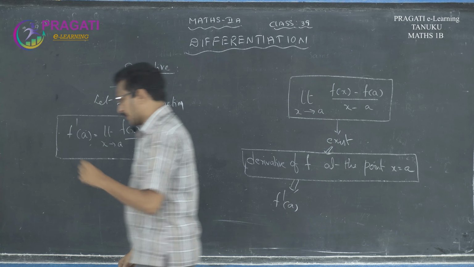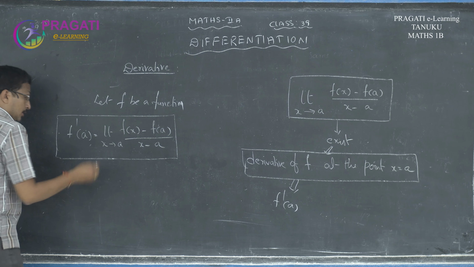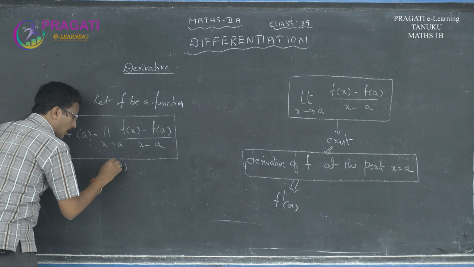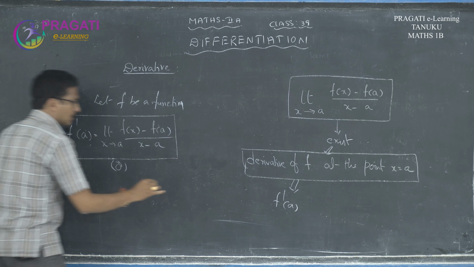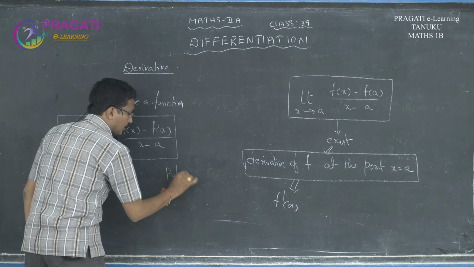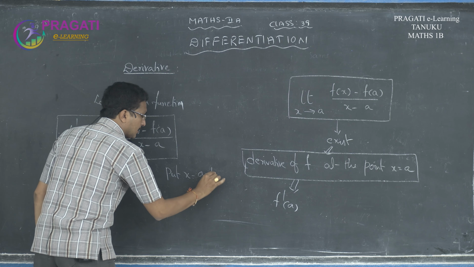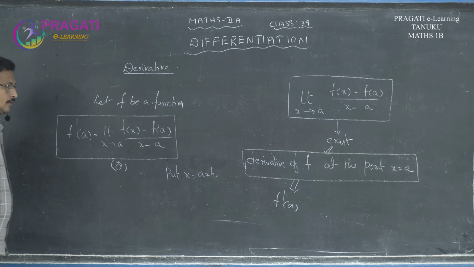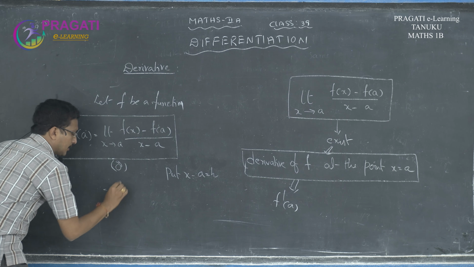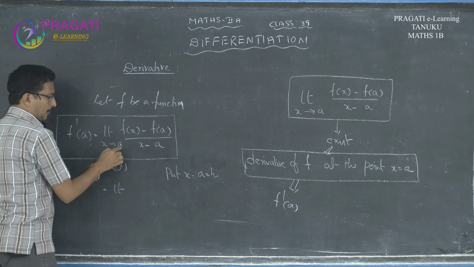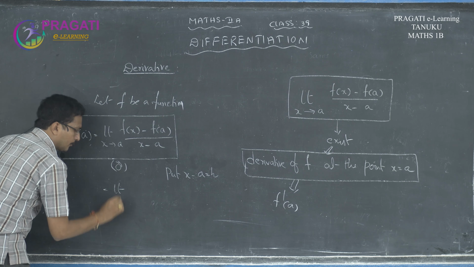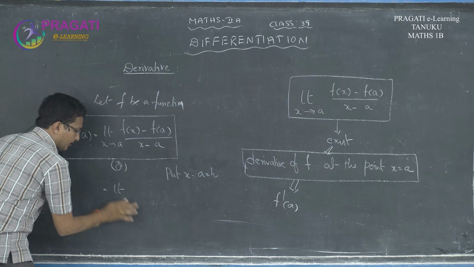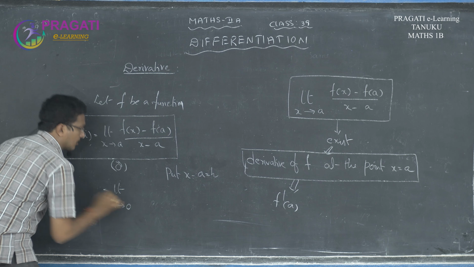Then there is an alternative formula: put x minus a is equal to h. Subtracting a on both sides, x minus a tends to 0, so x minus a means h, and h tends to 0.